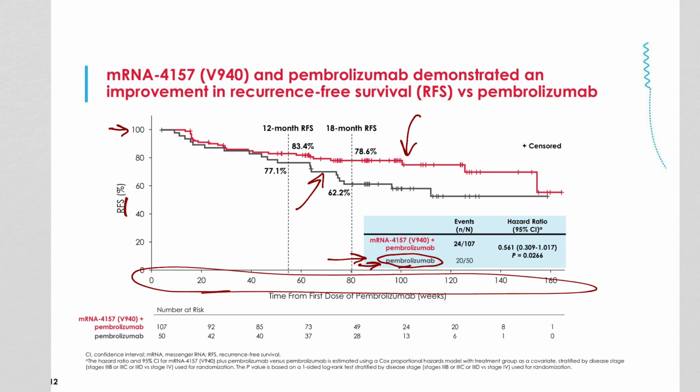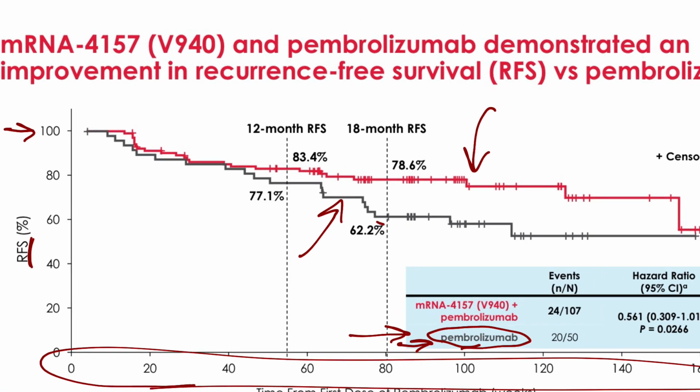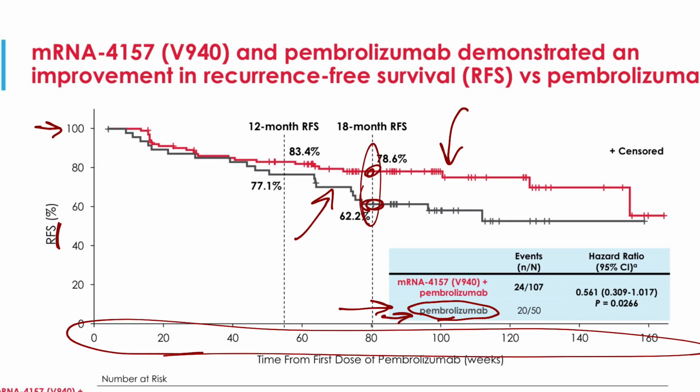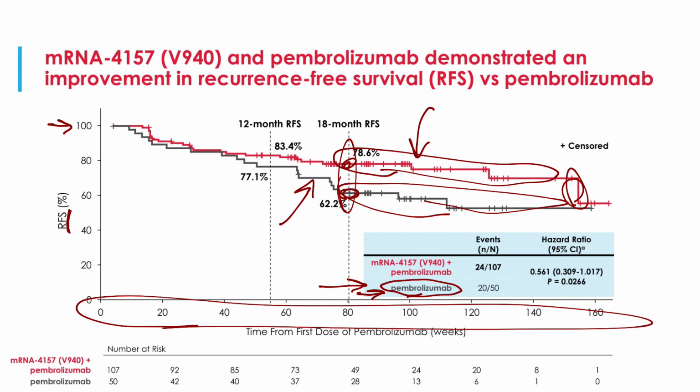At different time points, we see significant numbers: 62.2 versus 78.6. That is a significant difference at that 18-month time point, and that difference is maintained pretty well through the entire study. There's a sharp drop-off at the end, but during this time frame, that is making a fairly large difference for a pretty good number of people.